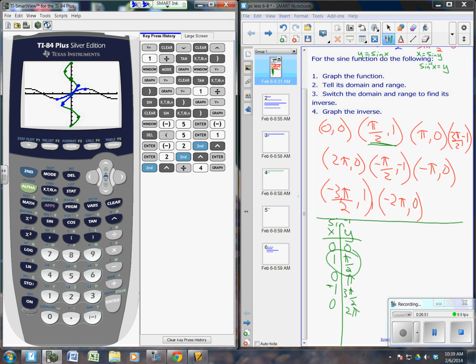Does that pass the vertical line test? Yeah. Actually, it kind of goes more like this. Okay, and that passes the vertical line test. That's why it only graphs that. Does that make sense, Coulter? Because they have to restrict the domain so that the inverse is a function.